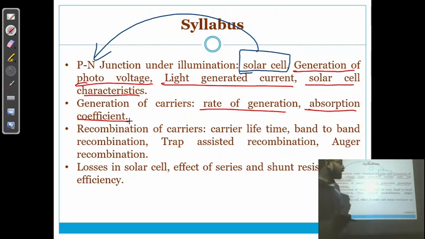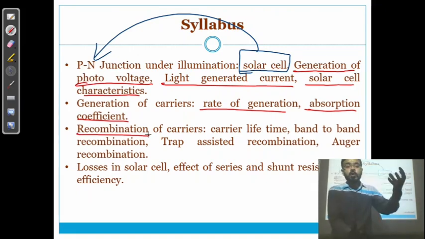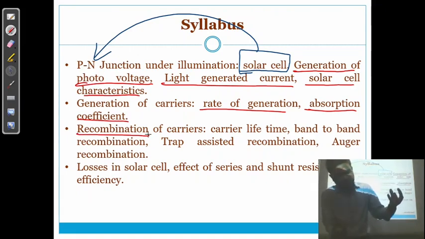Now, after generation of electron hole pairs in a semiconductor, there will be a parallel process going on with the generation, that is recombination. Generation means the evolution of an electron hole pair. Recombination means the combining, the electron comes to the hole and recombines.